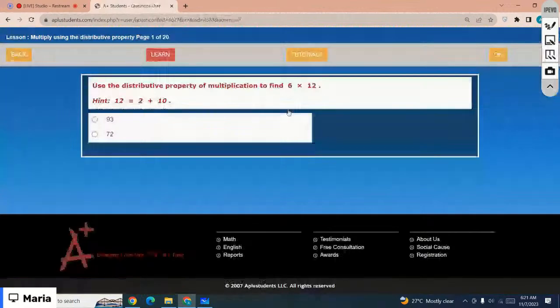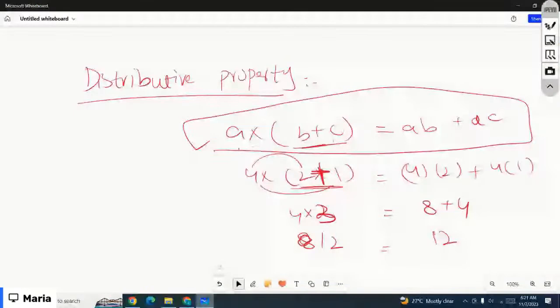Use the distributive property to multiply to find 6 times 12. So you have to multiply 6 times 12. You have to use the distributive property to multiply. How do we multiply using distributive property, right? Just keep the distributive property in your mind. The distributive property is A times B plus C equals AB plus AC, right?